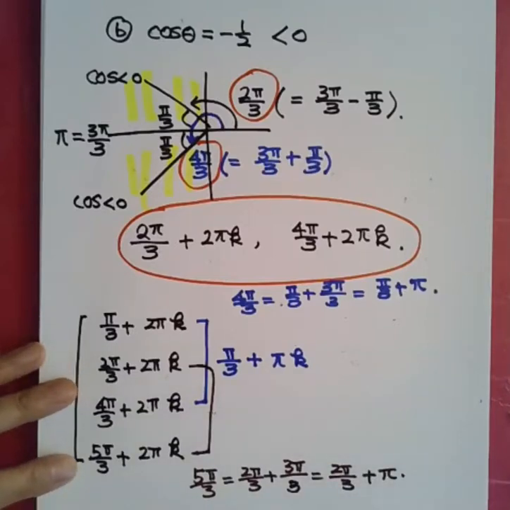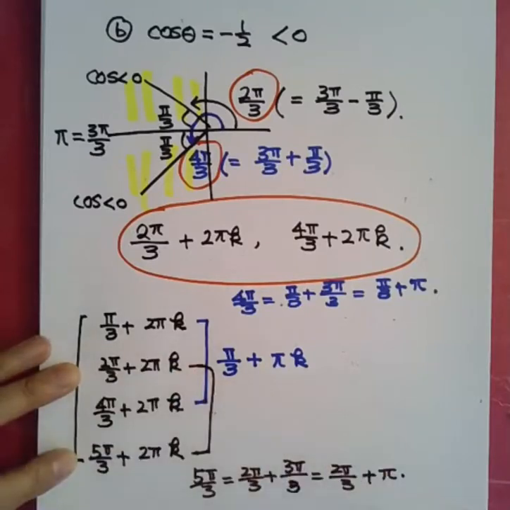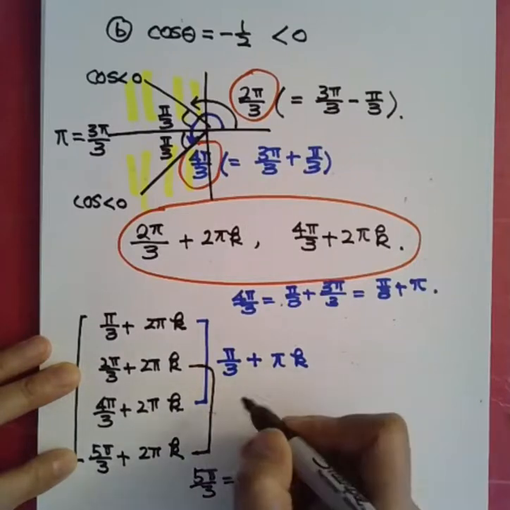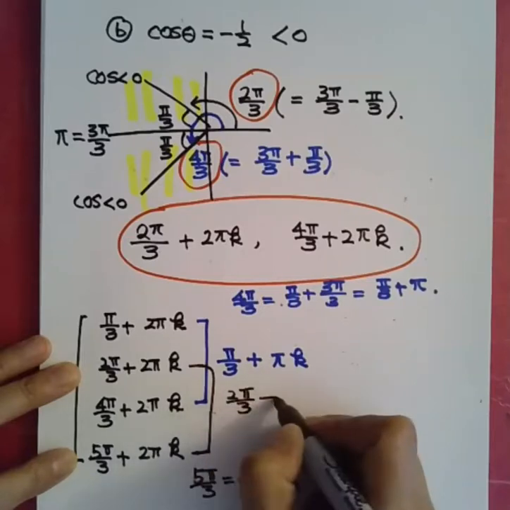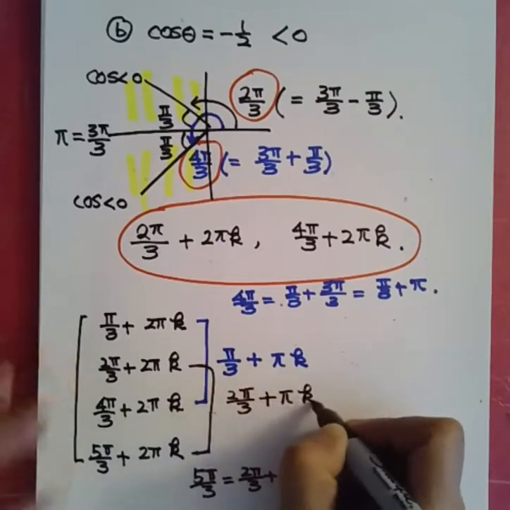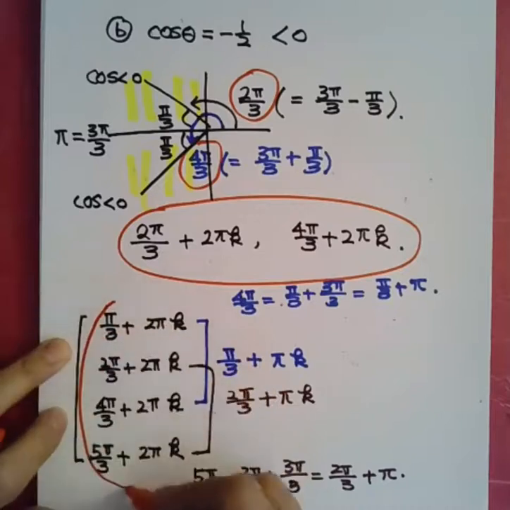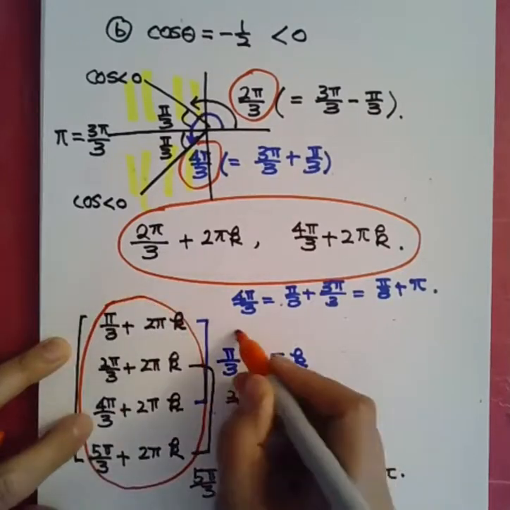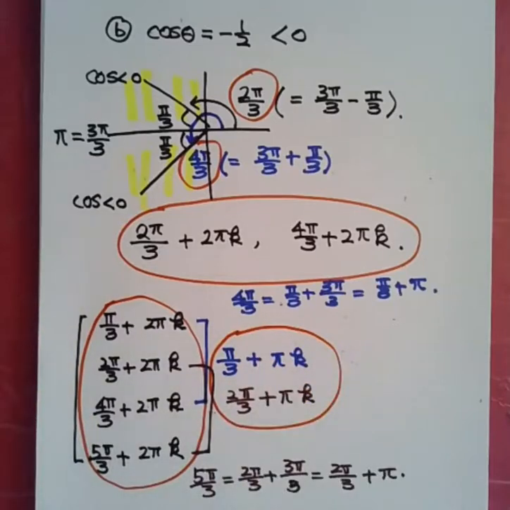So you can combine these two answers to write 2 pi over 3 plus pi times k. You can list 4 answers, or you can list the equivalent answer with 2 algebraic expressions. It's up to you.